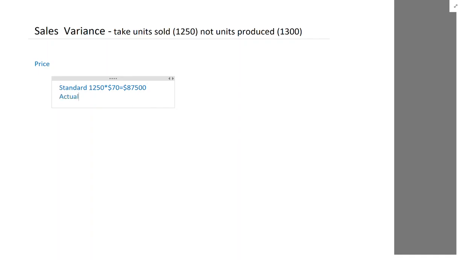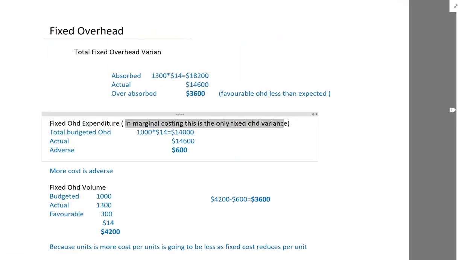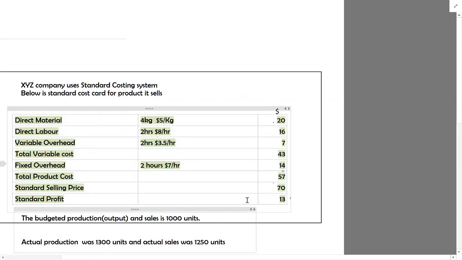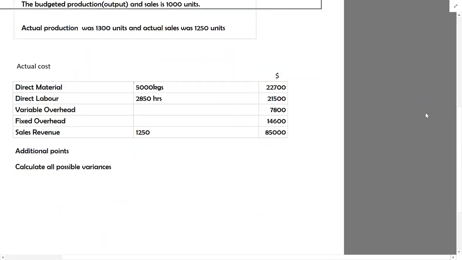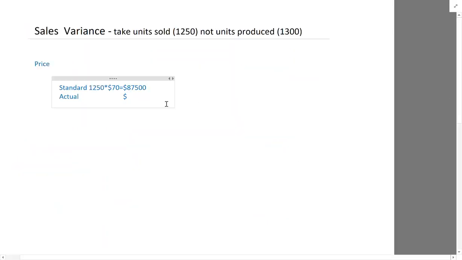But actually, we sold it for 85,000. So we sold it for less. Yeah? To adverse.